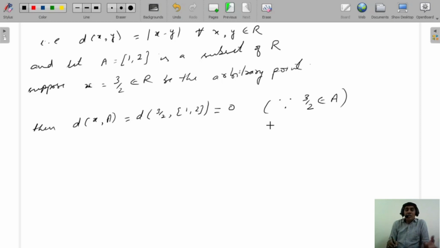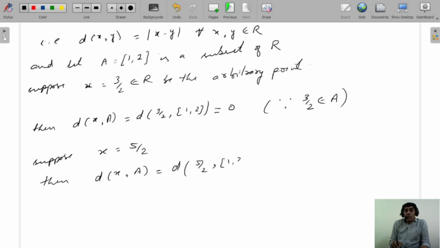Minimum distance is 0. Suppose x is equal to 5 by 2, then d(x,A) is equal to d(5/2, [1,2]) is equal to 5 by 2 minus 2 is equal to 1 by 2.